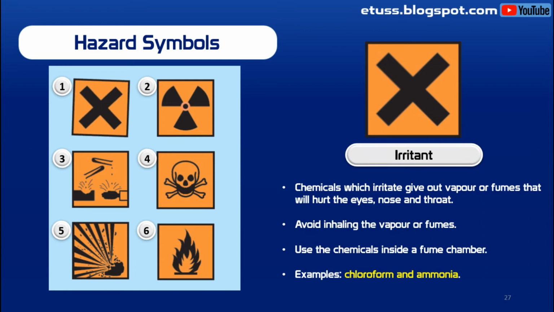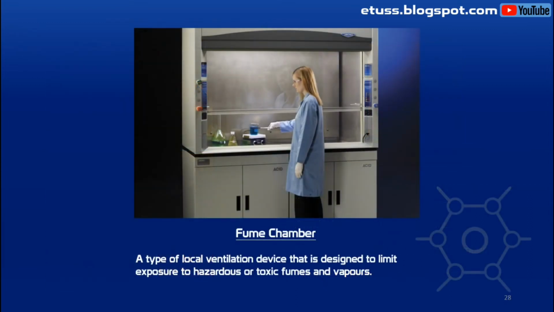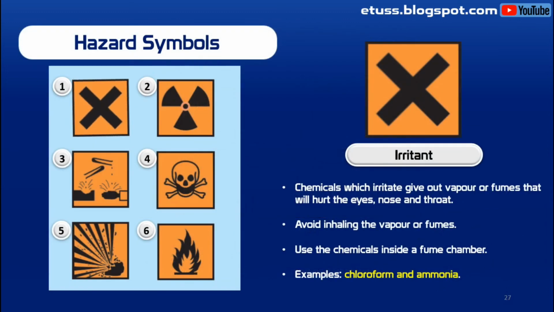Use the chemical in the fume chamber or fume hood. What is a fume hood? The fume chamber or fume hood is a special ventilation device to limit the exposure of the user to harmful gases. Examples of substances that can be irritating are chloroform and ammonia.